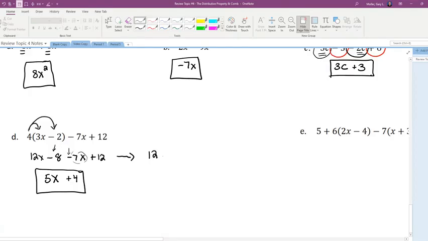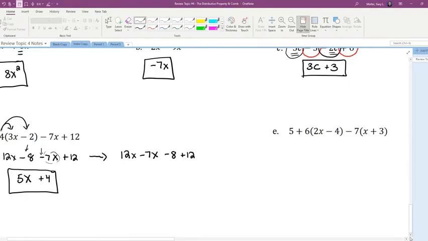So, I've got 12x minus 7x. And then we've got the minus 8, plus 12. So you can rearrange them if it helps you. But again, anytime you move a number, you have to take the sign in front of it with it. All right, but usually that's not necessary.